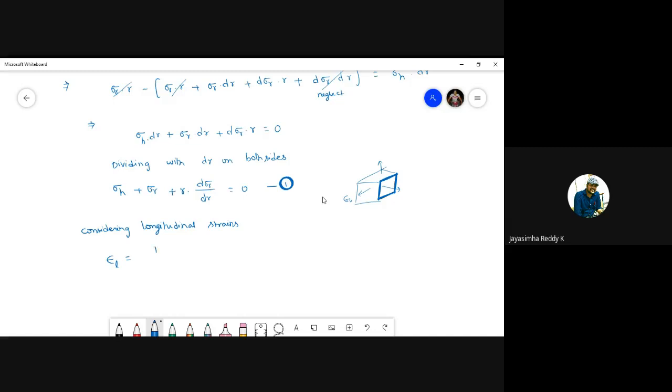So 1 by E, this we have seen students, sigma L minus mu into sigma H, this is hoop stress, plus mu into sigma R.